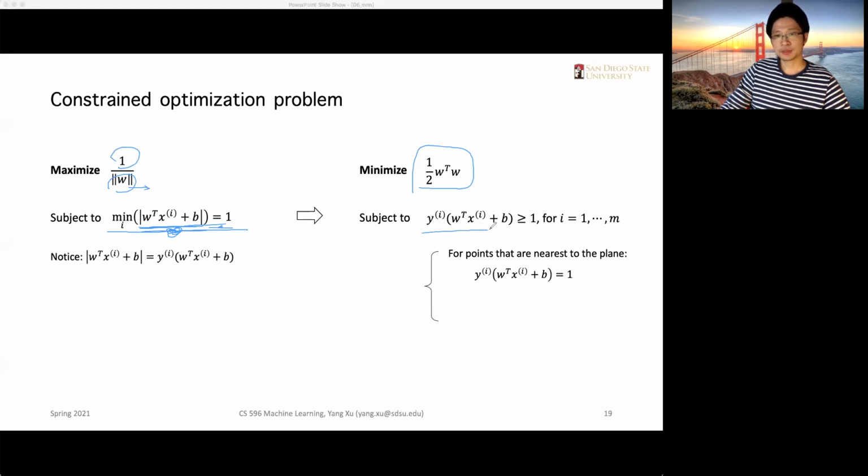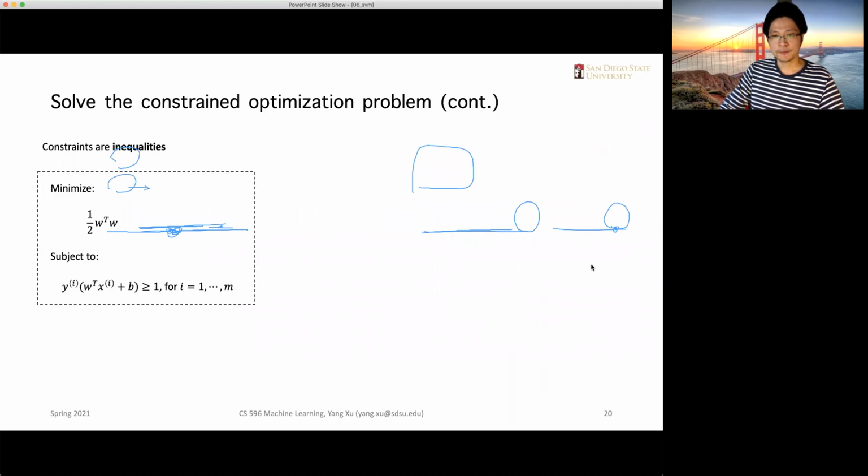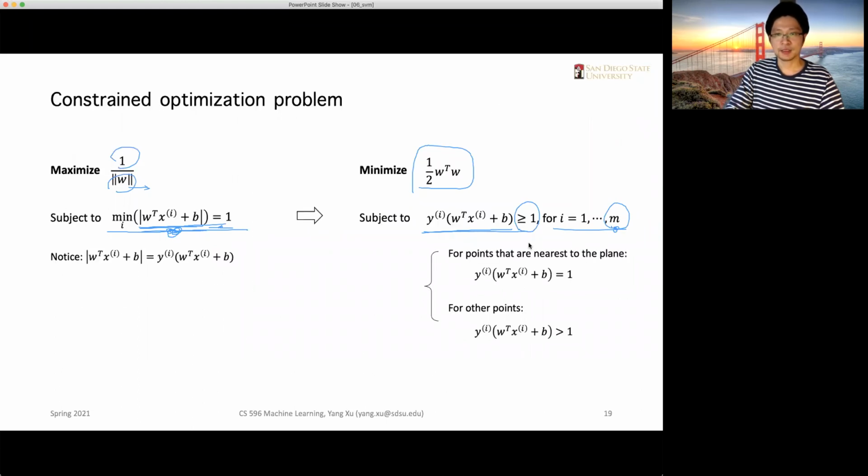The y times this linear expression should be greater than or equal to 1. We have that many constraints. M is the number of data points. So if we have 100 data points, we need to have 100 inequality constraints. Okay, so that is basically how we formalize the problem for support vector machine.